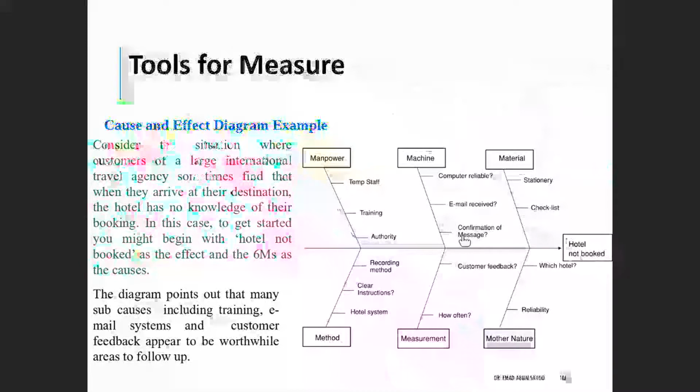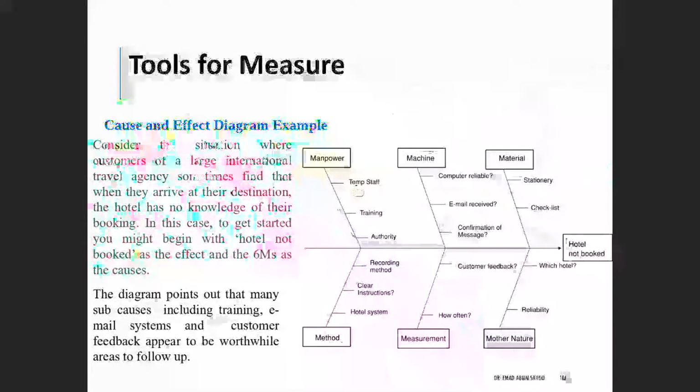And in this case, they found all the 6M, since it is relevant to the causes they have found. For example, manpower, the temporary staff. The staff are temporary in the hotel, so they are not communicating effectively with the travel agencies.